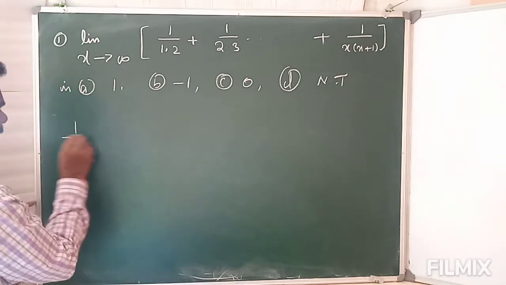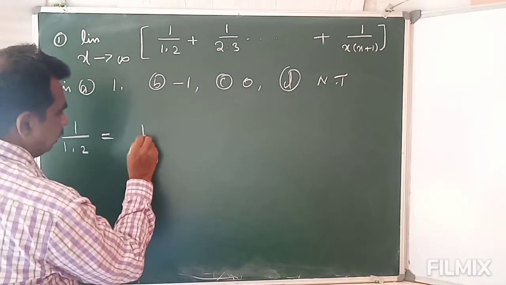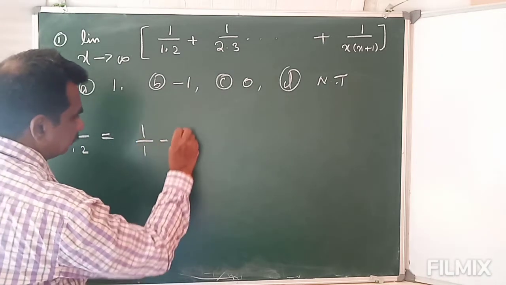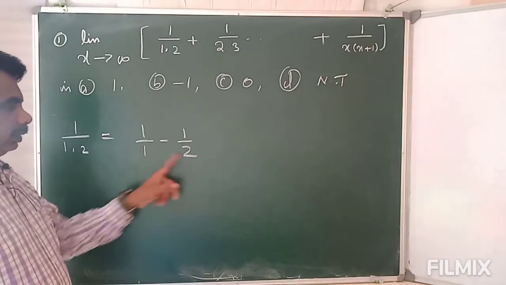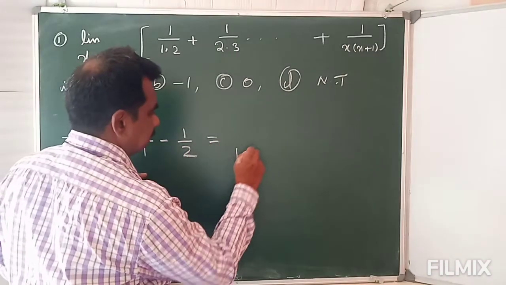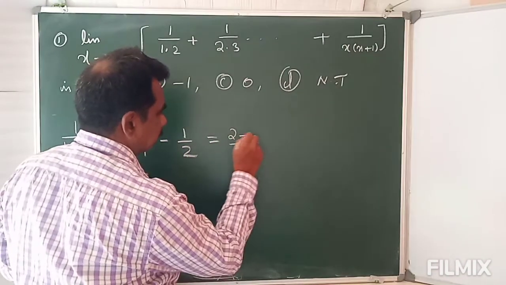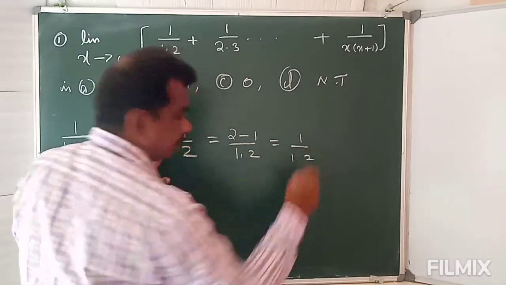See, 1 by 1 into 2 is equal to 1 by 1 minus 1 by 2. See, what is the LCM? 1 into 2. That is, 2 minus 1 by 1 into 2, that is 1 by 1 into 2.